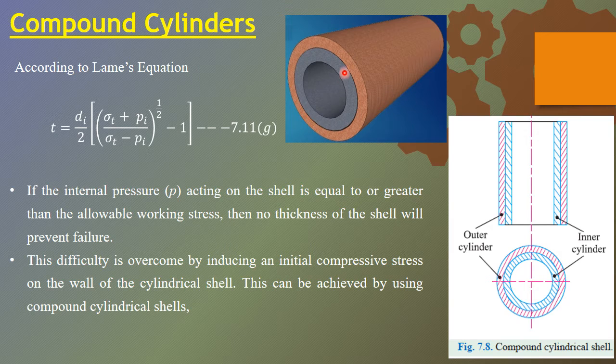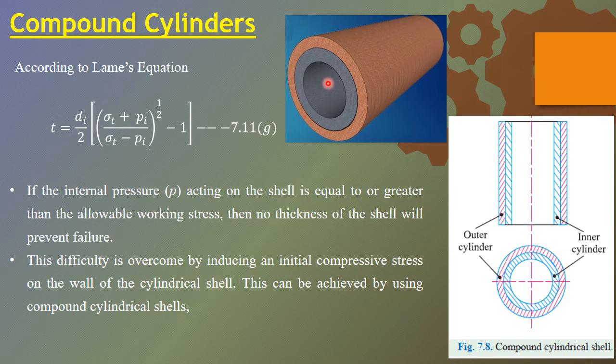So now you have fit the two cylinders. Shrink fitting takes place, contact pressures are generated, compressive stress is present in the inner cylinder, and tensile stress is present in the outer cylinder. Now you load the compound cylinder.